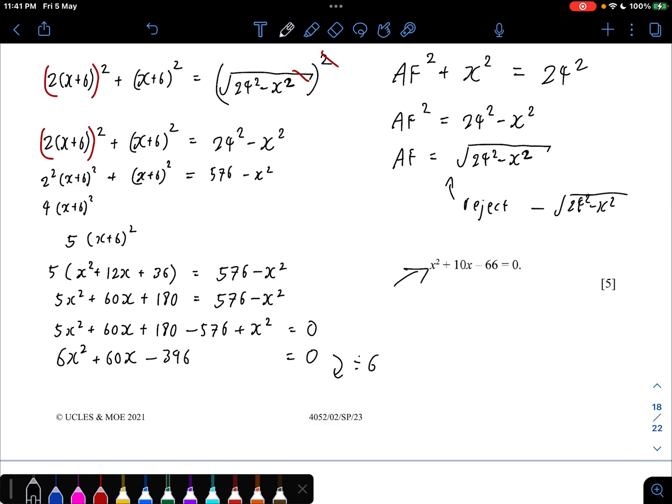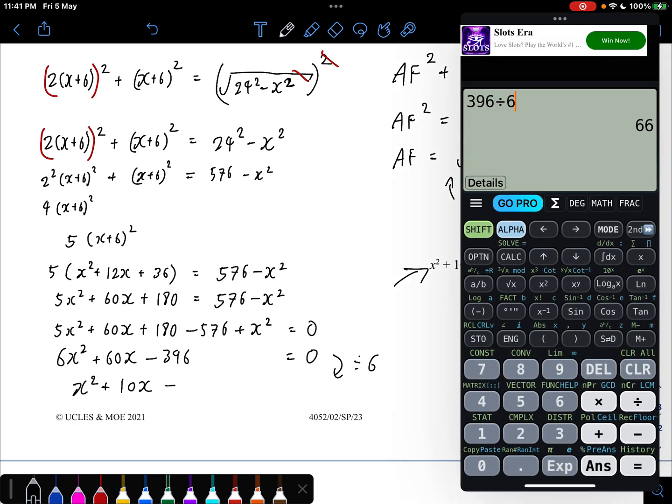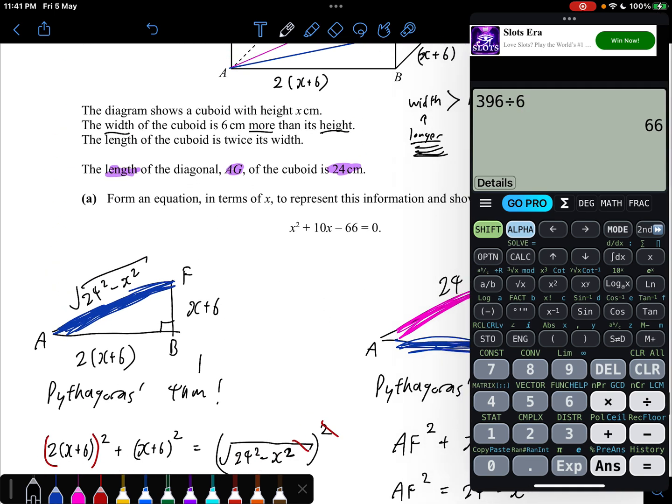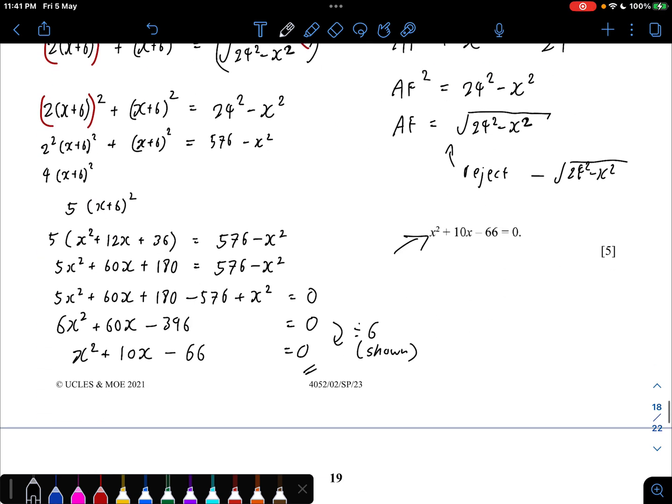Divide by 6. So we get x squared plus 10x minus 396 divided by 6. What do you get? 66 equals to 0. And then we are done. Bracket shown. Okay, just to double confirm, form an equation in terms of x to represent this information and show that it simplifies to this expression, which I've copied over here. Yes, I have managed to show it.